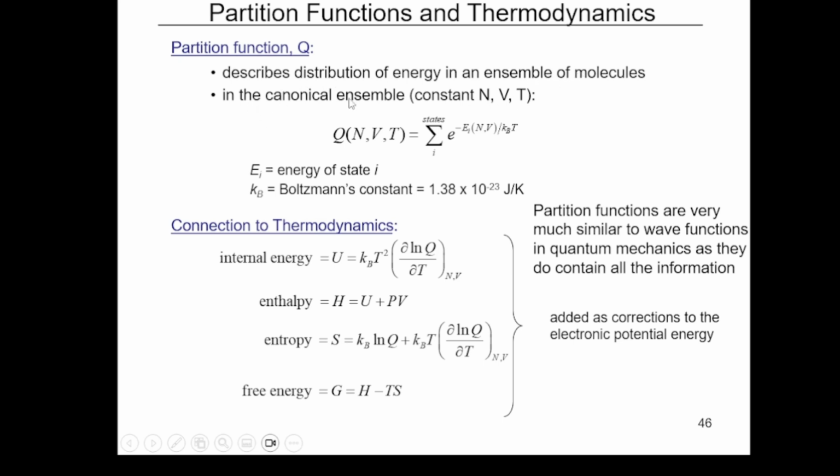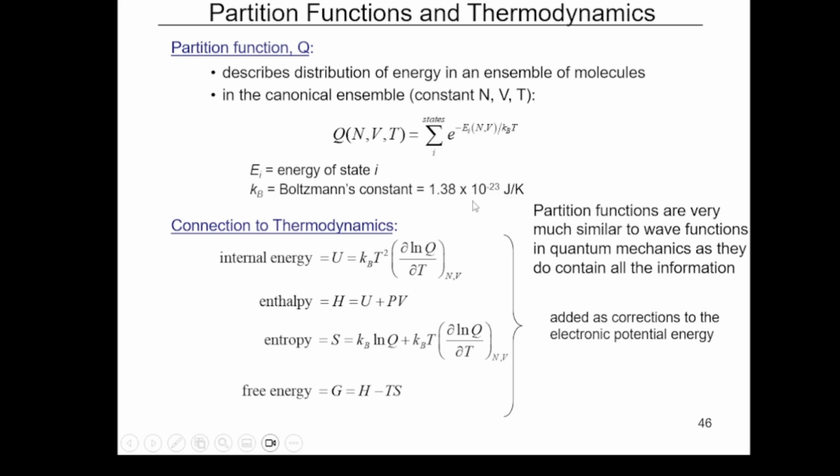In the canonical ensemble, the constant NVT, where N is the number of moles, V is volume, T is temperature, the partition function is equal to the summation of e to the power minus Ei(N,V) over kBT, where Ei is the energy of state i and kB is the Boltzmann constant, which is 1.38 times 10 to the power minus 23 joules per Kelvin.